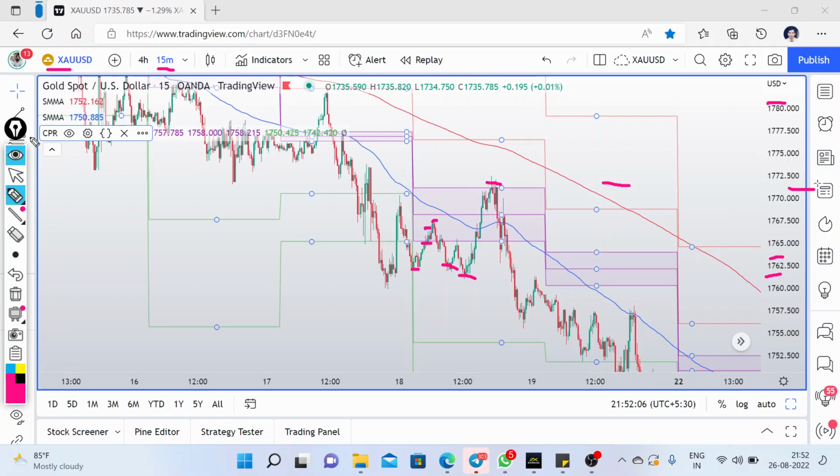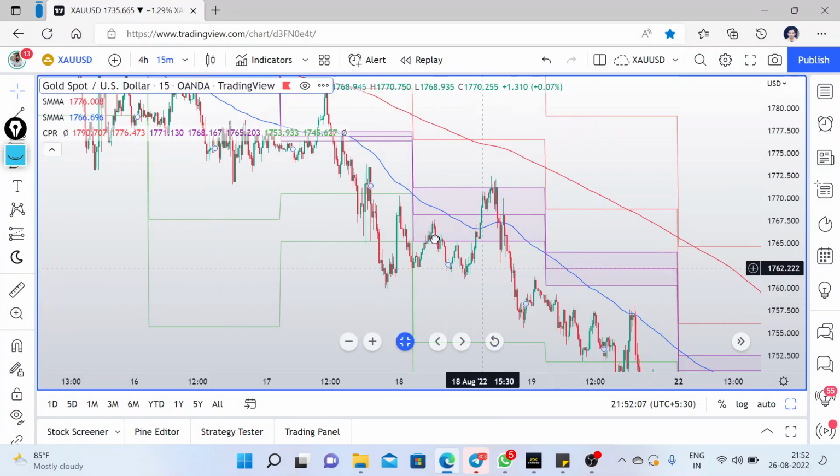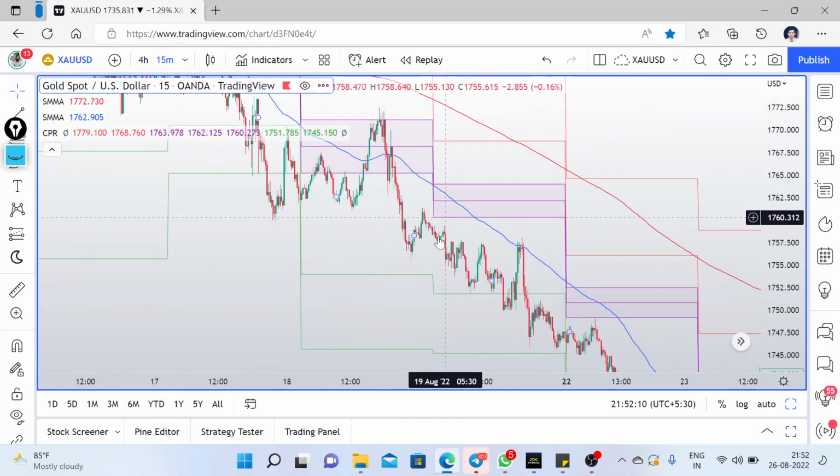Now if we scroll further, like in the next day, see it retraced back. And then if you want to enter on the open, that is also a good deal. You have to put your stop loss, and you have to choose the target as per your risk reward, because you are day trading, so you do not have to hold that much.